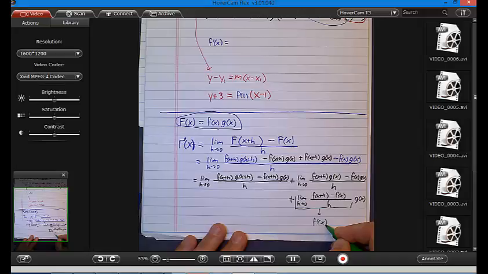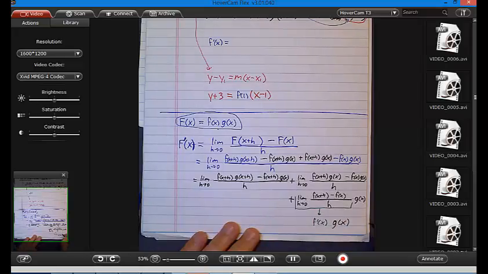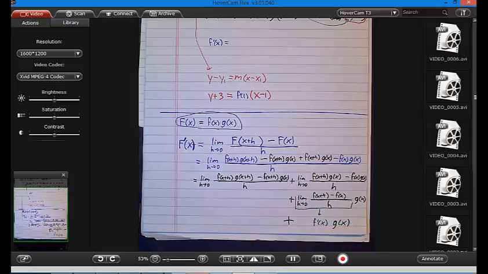Well, let's see. Can we do the same kind of an approach here? Well, I guess we kind of can. What's the common factor we can take out? We could take out an f of x plus h, right?